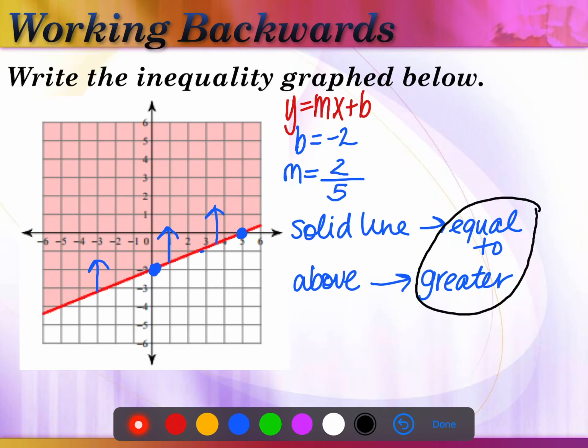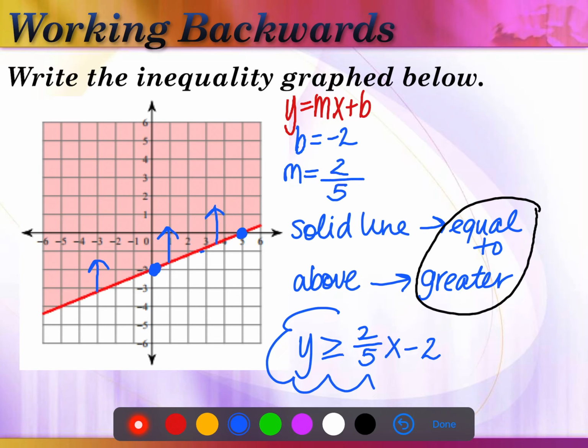So I've just determined that it should be greater than or equal to. Plus I have my slope and my y-intercept. So I'm going to put all of that together. So y is greater than or equal to 5 over 2x minus 2. And that is the final answer. That is the equation that was graphed here.